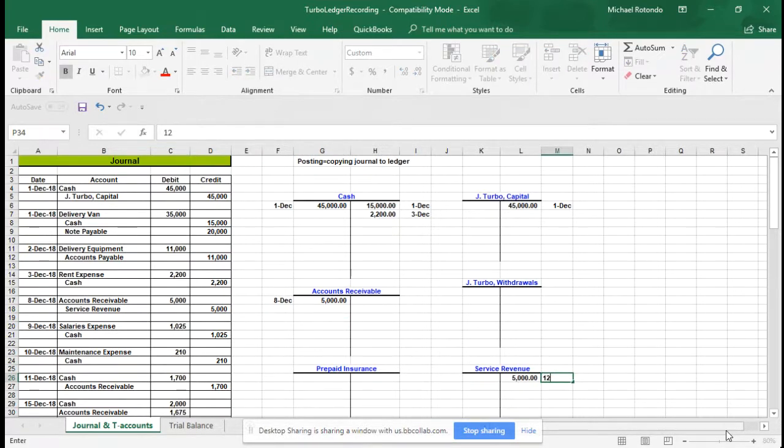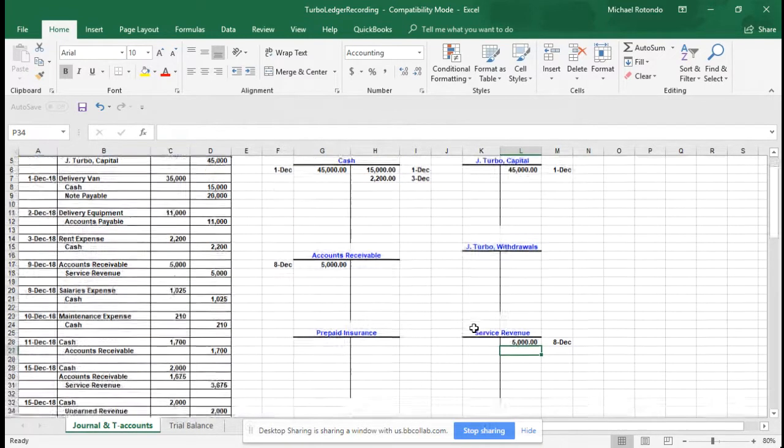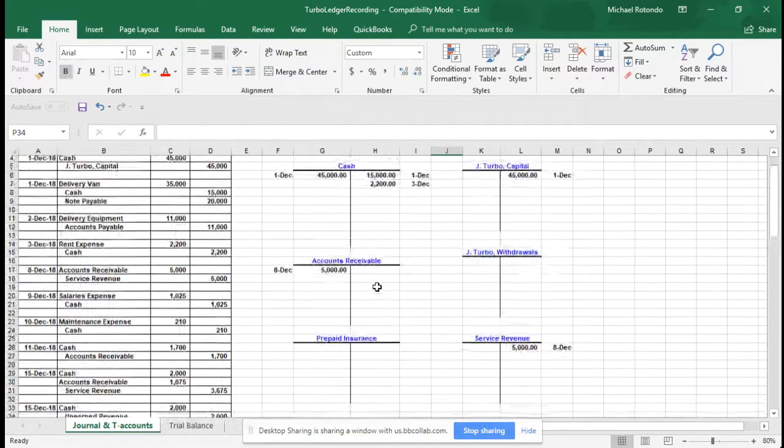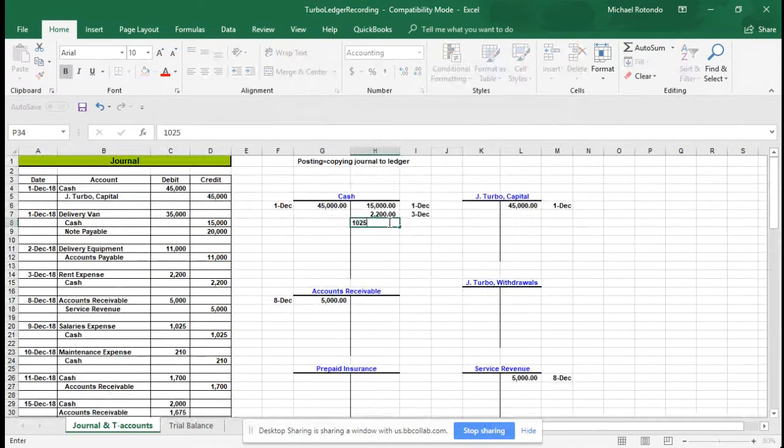Now remember that the revenue is not generated by when we get the money, but when we do the work, when we earn the revenue. So on the 9th, we have a debit to salaries expense for $10.25. And we have another credit to cash. We're going to find that cash is our busiest account because that's our medium of exchange.